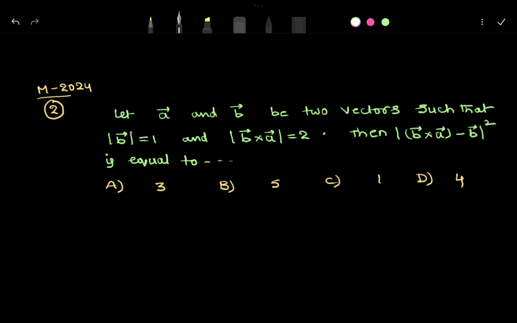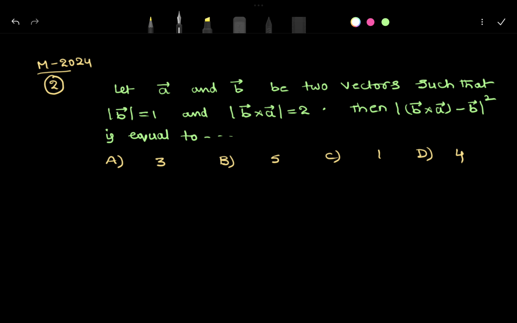Then we have to find the modulus of (b cross a) minus b bar, whole squared. See very clearly what is given. This is in the form of modulus of a minus b whole squared.